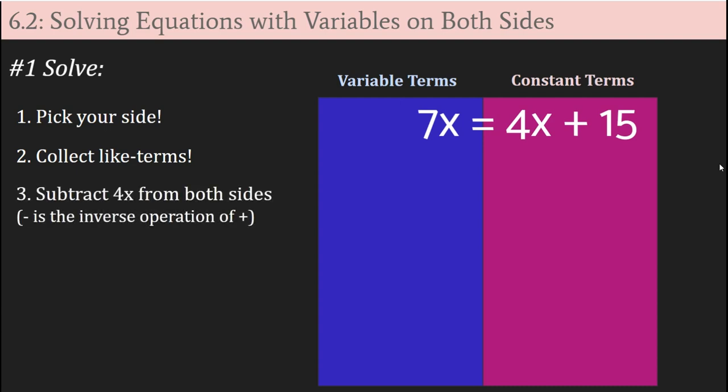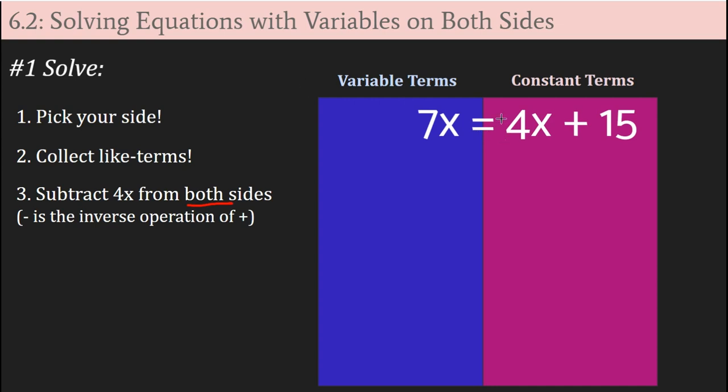So we're going to look at collecting the like terms, and in order to do this, we need to subtract the 4x from both sides of the equation. Very important that we're looking at both sides of the equation because what we do to one side of the equation, we have to conduct on the opposite side of the equation. So we have subtraction, which is the inverse operation of an addition.